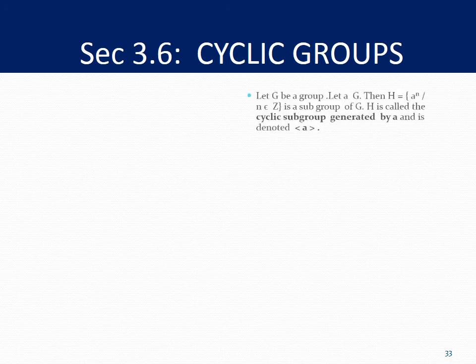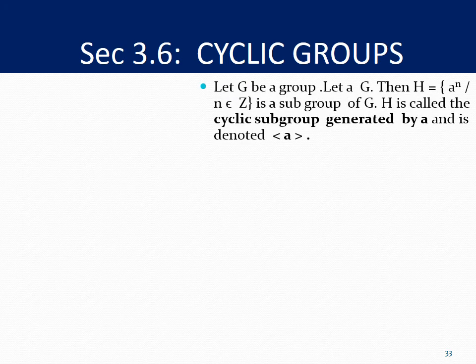Next, section 3.6. Cyclic groups. Recall the term cycle. A cyclic group is a group generated by a single element.